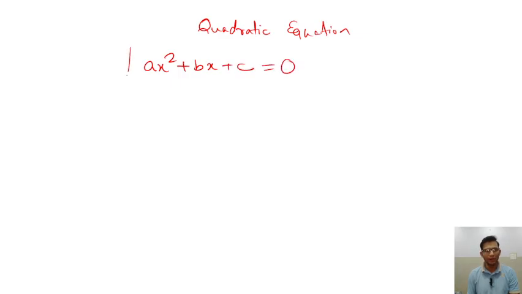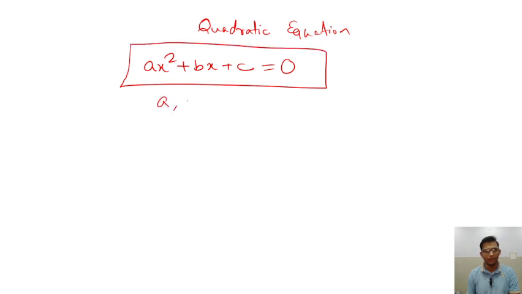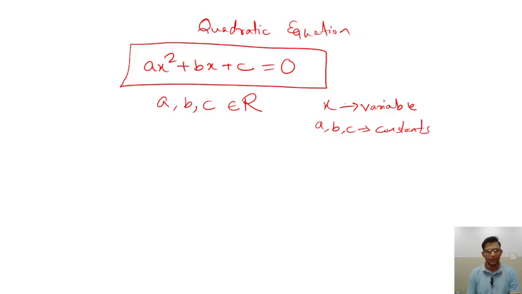Here a, b and c are real numbers, and x is a variable. x is a variable and a, b, c are constants. I hope this is clear to you.